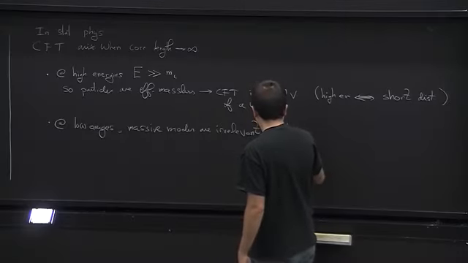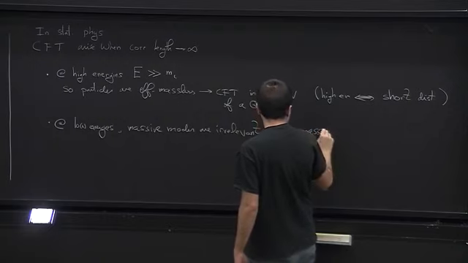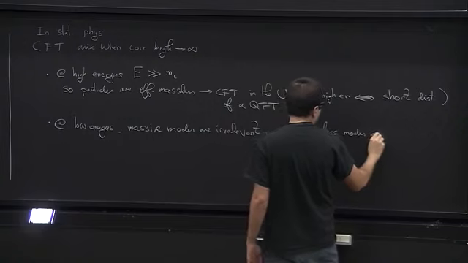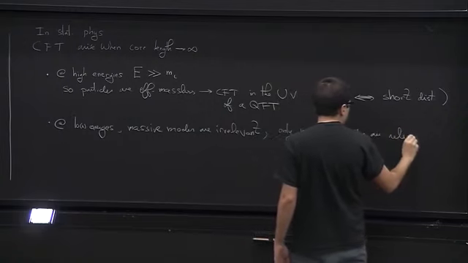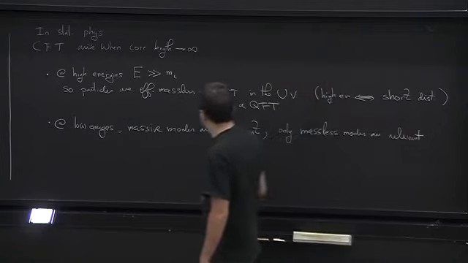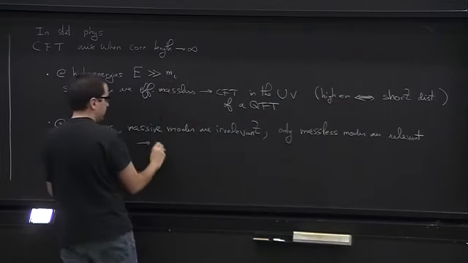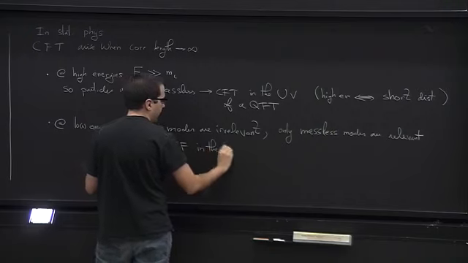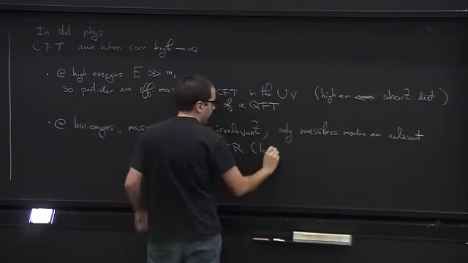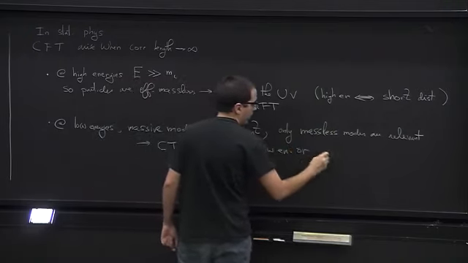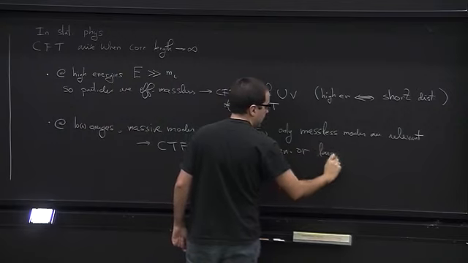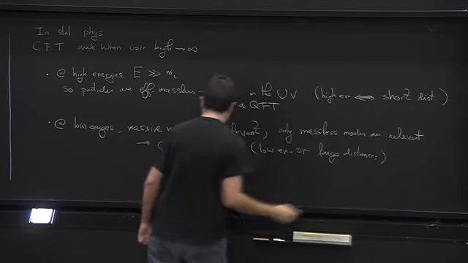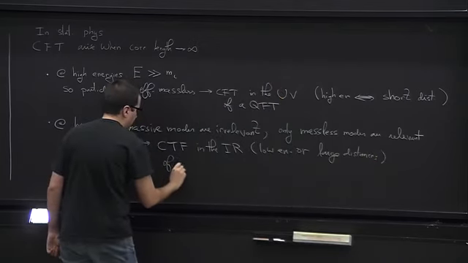So only massless modes are relevant. So again, we conclude the same thing, that we have a conformal field theory in the infrared, that is low energy or large distances, of our quantum field theory.